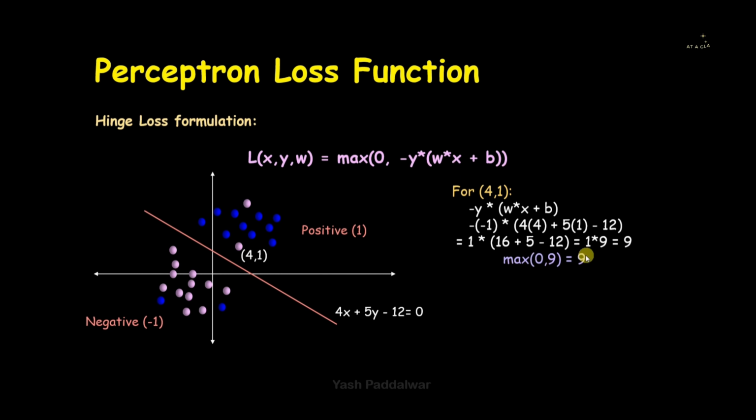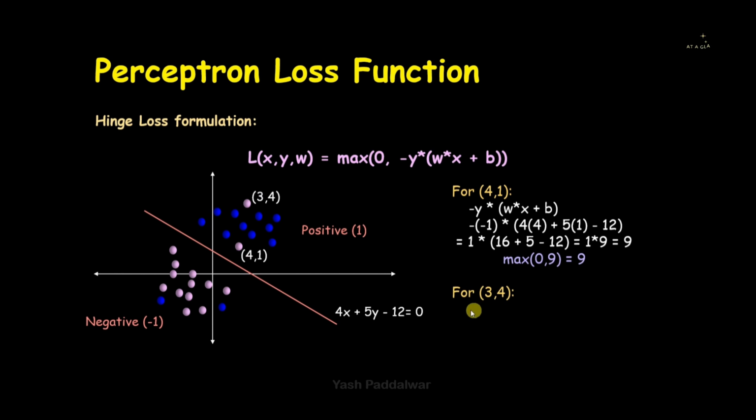The maximum of 0 and 9 is 9. That is why the loss associated with the coordinate 4, 1 is 9. So this is how we calculate the hinge loss for any data point which is misclassified.